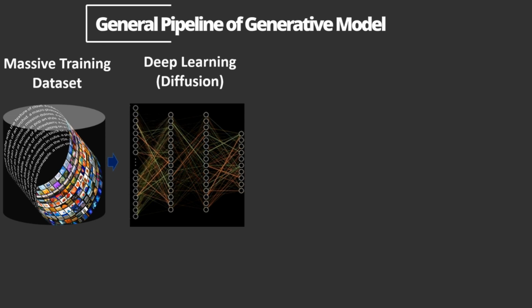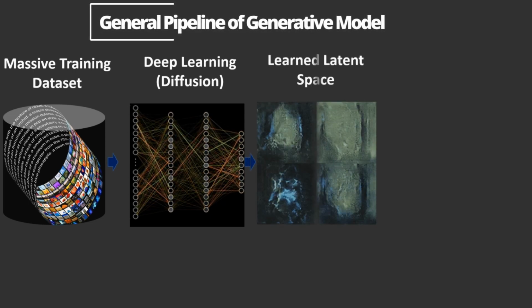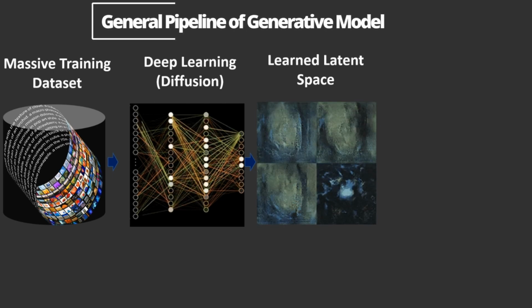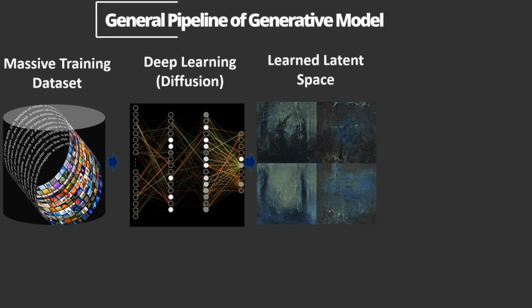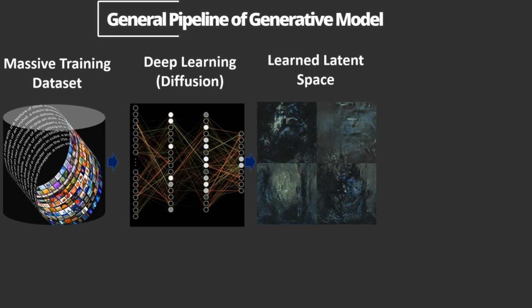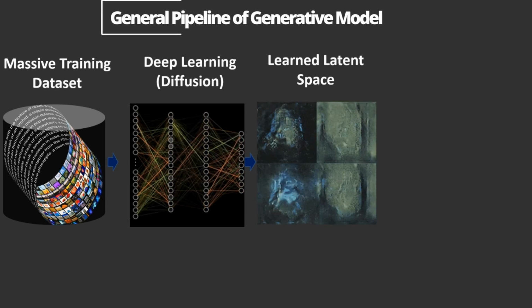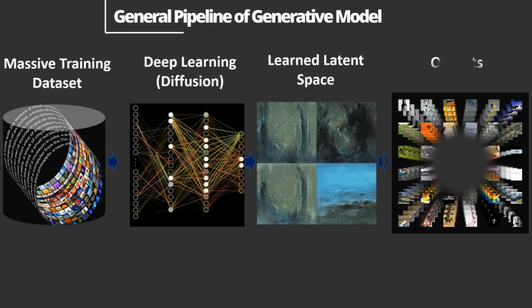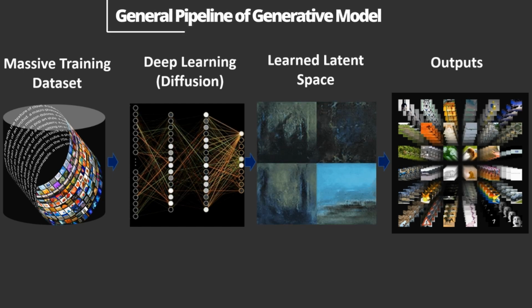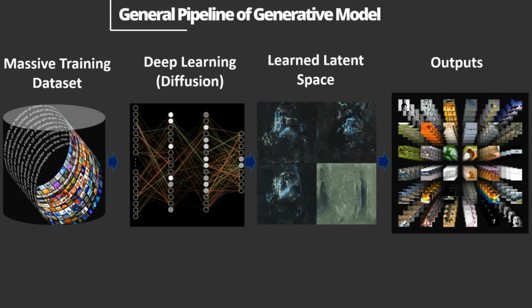Deep neural networks are trained using specific learning objectives, such as the diffusion model, which we'll discuss shortly. Step 3: Controlling the synthesizing images in latent space. After pre-training, the model generates new images within its latent space, a mathematical representation of image characteristics based on text prompts. Step 4: Output manipulation through prompt engineering. Users can fine-tune AI-generated visuals by carefully crafting text prompts in a process called prompt engineering.